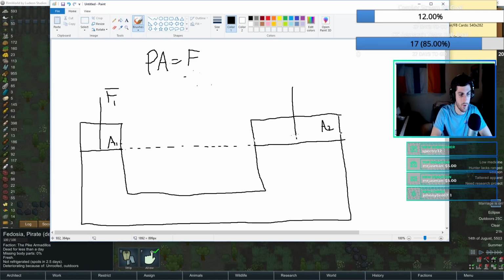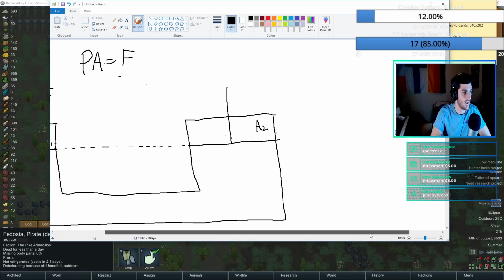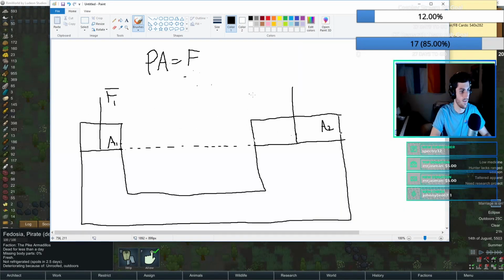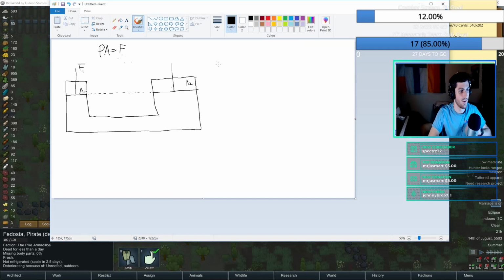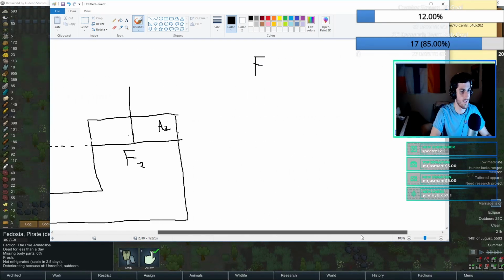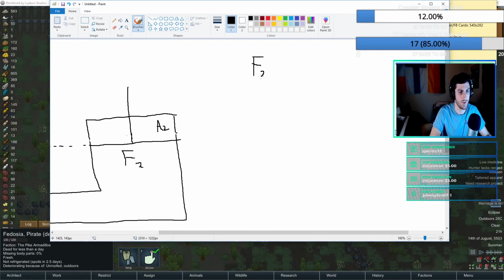Okay, we have our fluid here at this height. That means that the pressure here is equal to the pressure here. So because the pressures are equal, we can say that there's some force over here, call it force 2. Okay? So we can say that force 2 over area 2 is equal to force 1 over area 1.